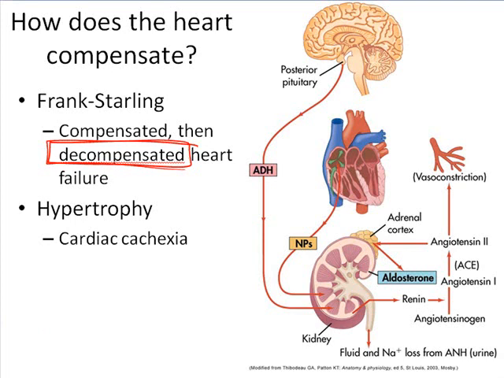Another way the heart can compensate is through hypertrophy. No surprise, the heart probably is going to get bigger, you would think, if it's getting stimulated to try to pump harder. Of course, one of the ways it might do that is to increase the size of the individual myocytes. With hypertrophy, there's a problem though. When I increase the size of the individual cells, I increase the oxygen demand of those cells.